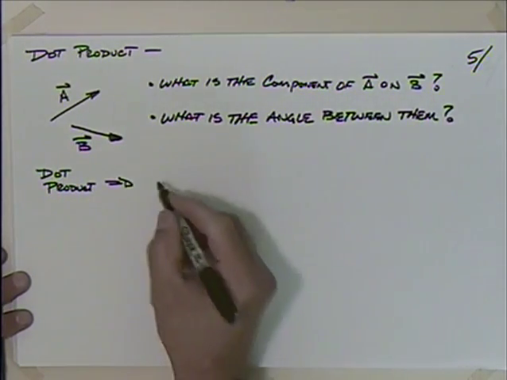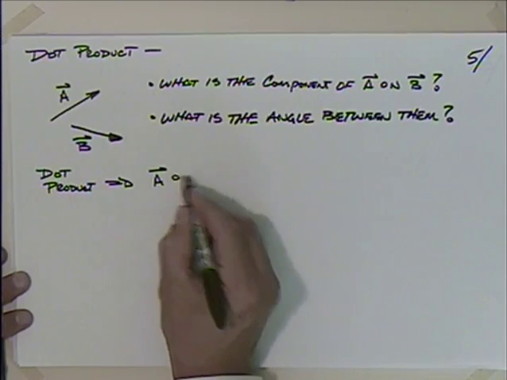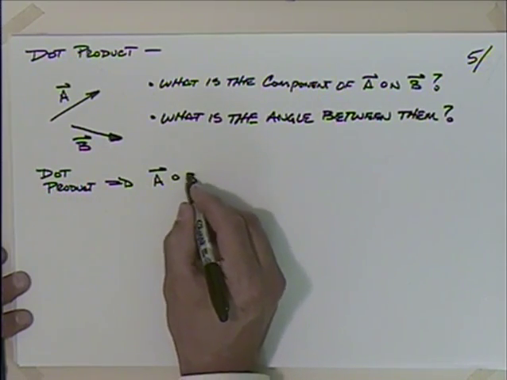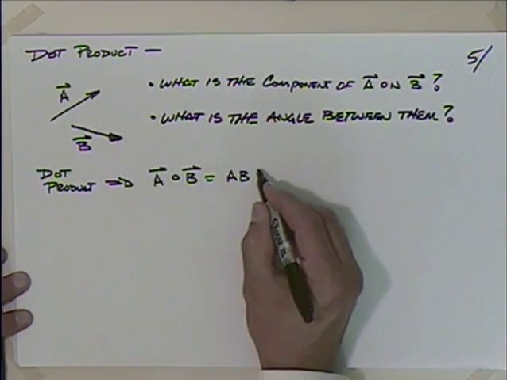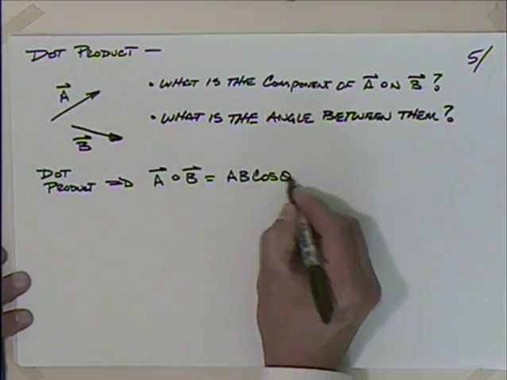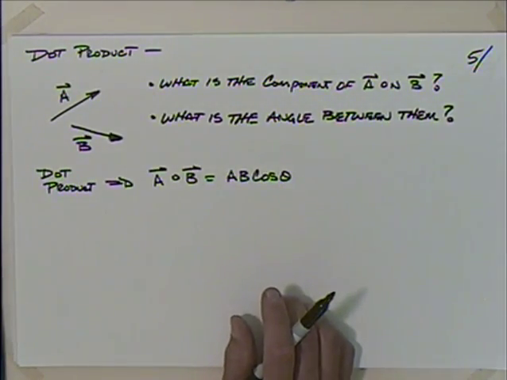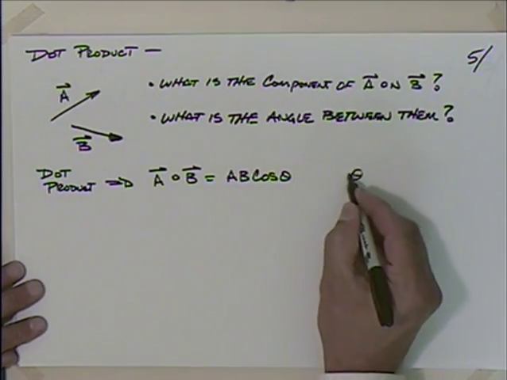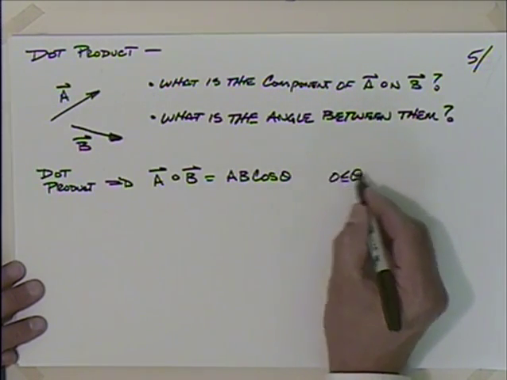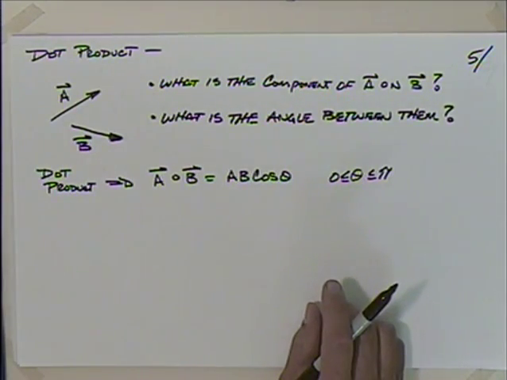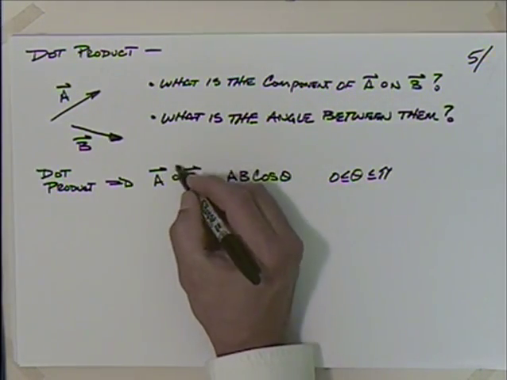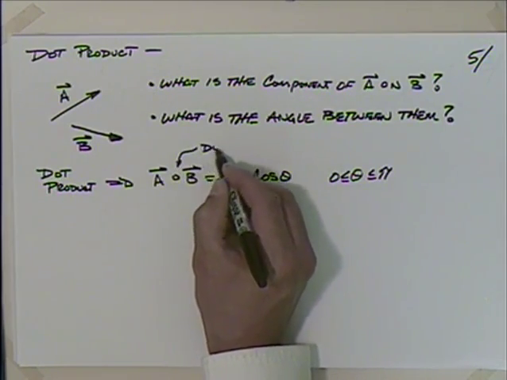And I can say by definition that vector A dotted with vector B is equal to magnitude A times magnitude B times the cosine of the angle between those two vectors, where that angle theta has to be between 0 and pi, if you're dealing in radians. Now, this is the dot.